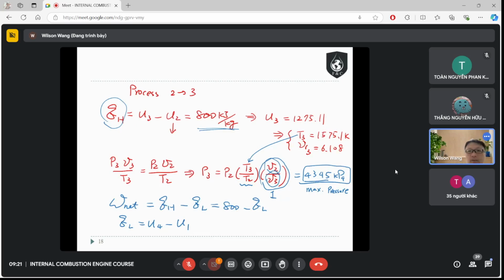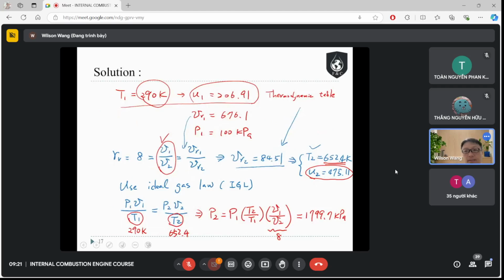Just like here, if you want to have a U4, you gotta know the VR4.